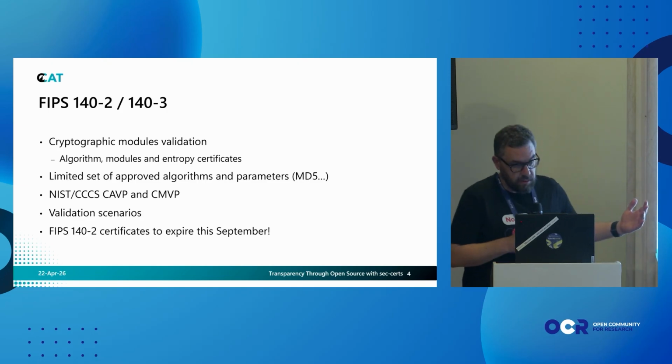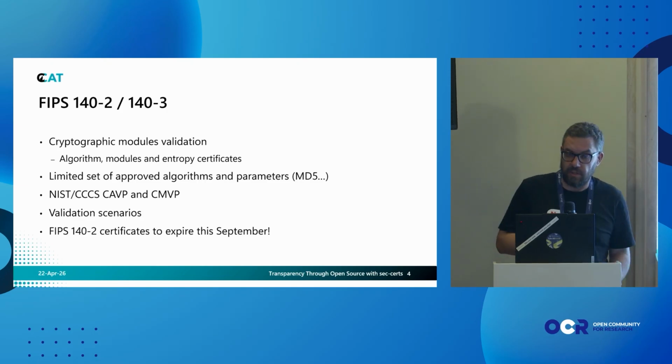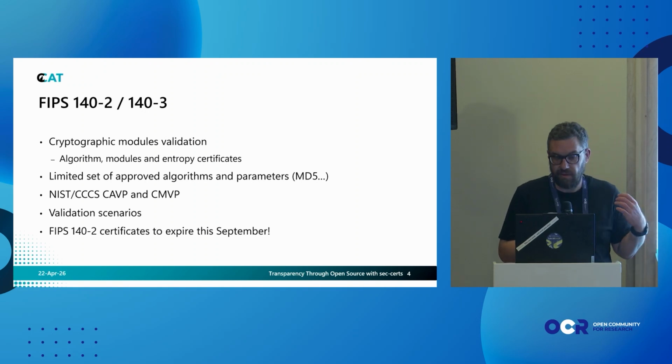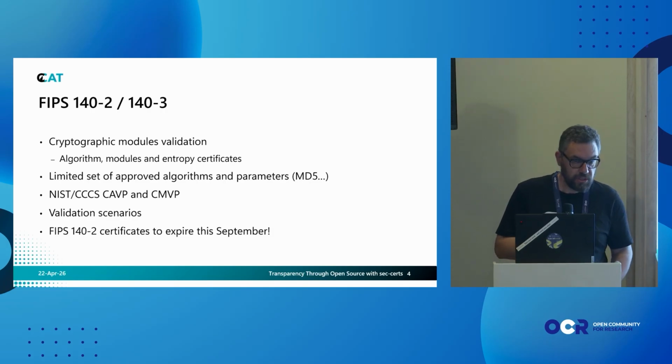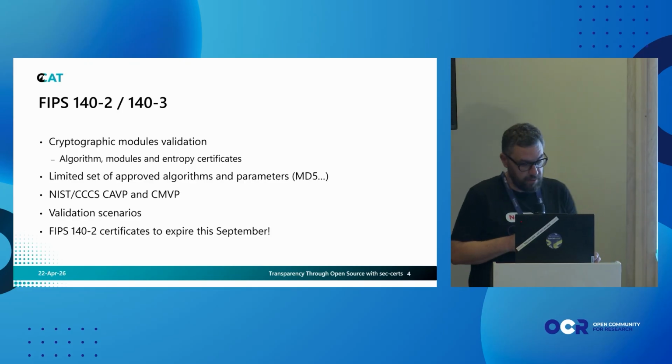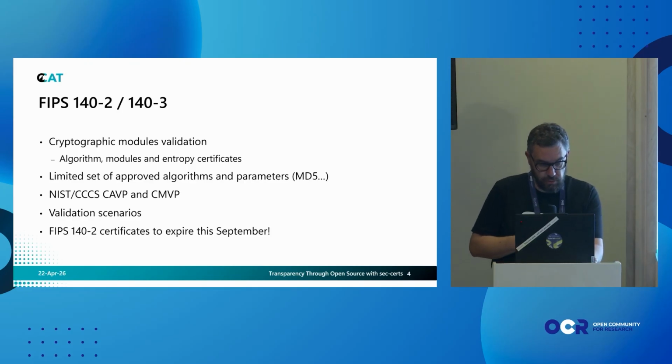There is a limited set of approved algorithms and parameters, and this program is governed by CAVP and CMVP, people connected with NIST, the US standardization organization. We have various validation scenarios. So I will quickly show you how these certificates look like.